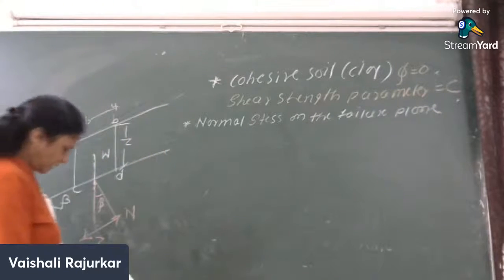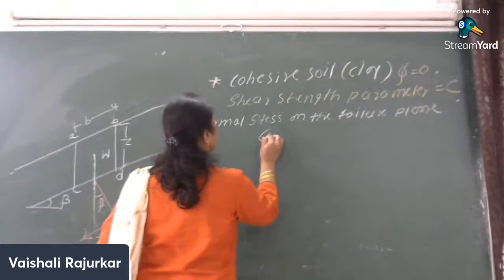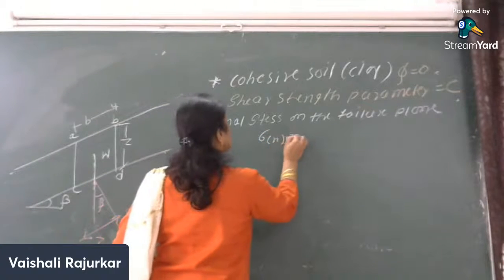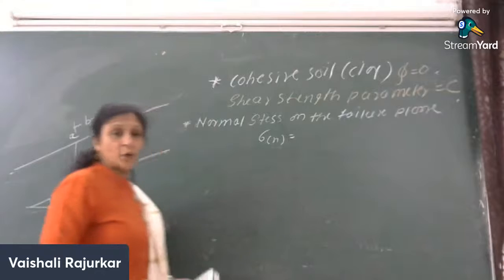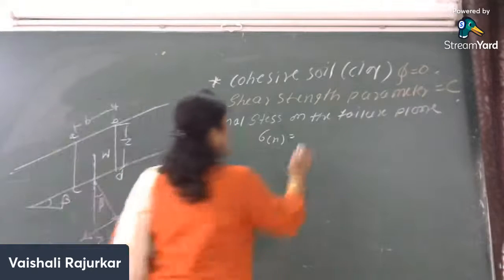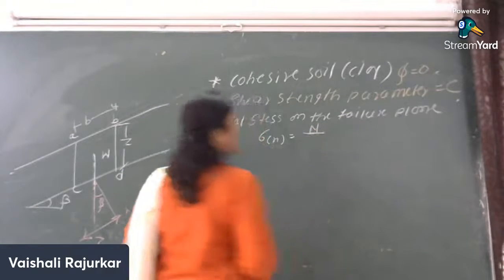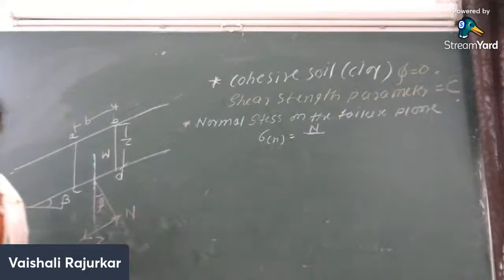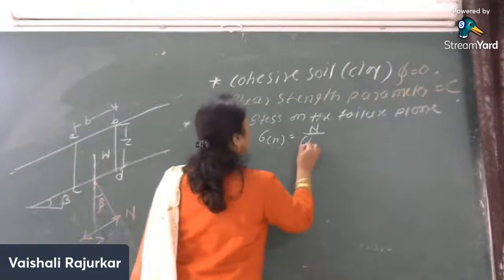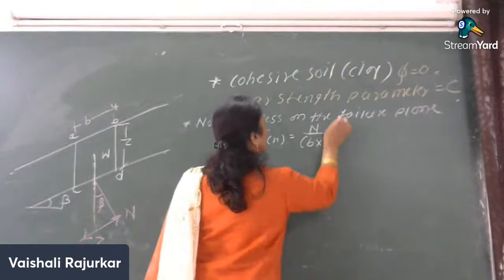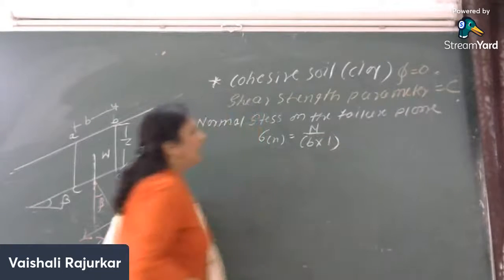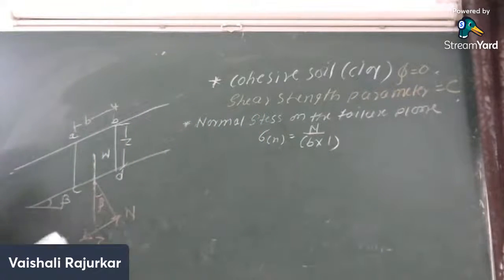And here we will just consider this is sigma n, which is equal to N upon the area. That is N upon area. And here we will consider the area where one direction is taken as unity. And therefore it will be B into 1, that is N upon B into 1.